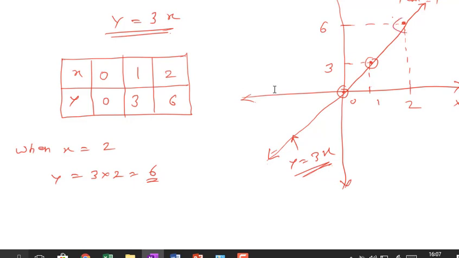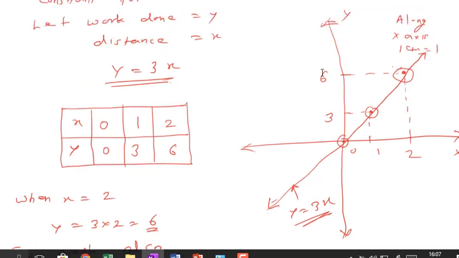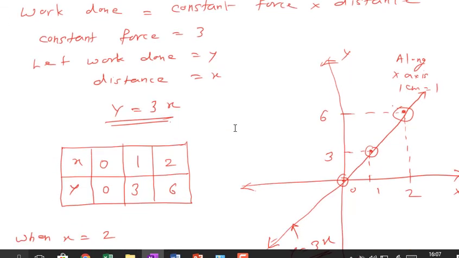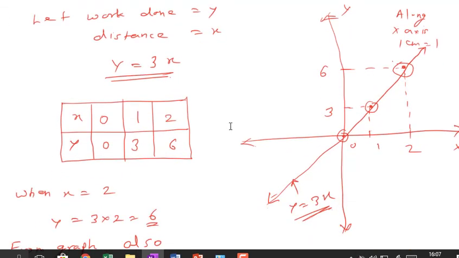So from the graph also, y is equal to 6 when x is equal to 2. So this we have verified from the graph also. y means work done and x means the distance. So this is how you can do this 6th question. I hope you understand all the 6 questions. Yes, thank you.